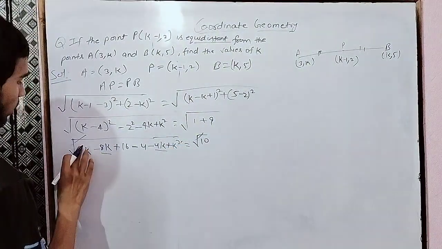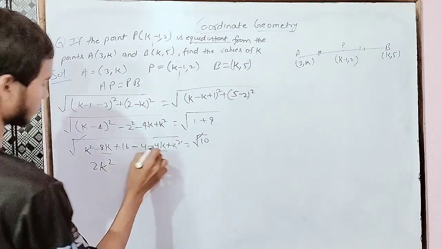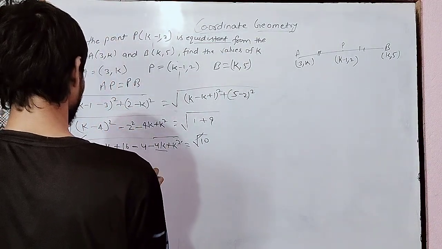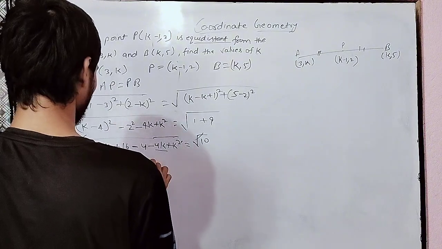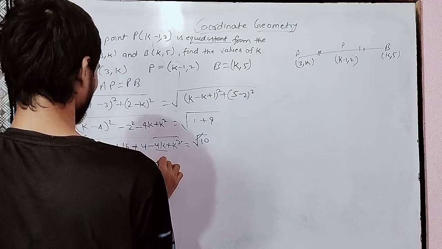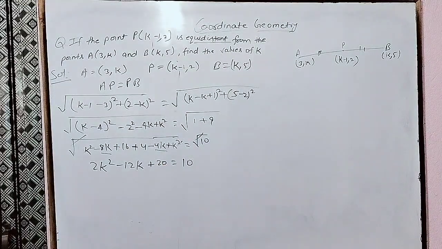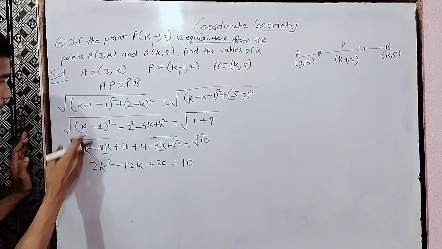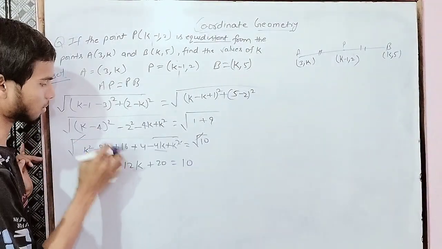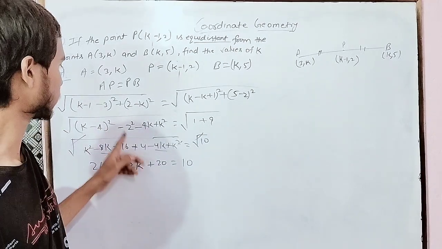This is 2 times. So this will become 2k square and minus 12k plus 20, 10. That is what happened. K square as it minus. So I applied here minus. So 4 to the 8 and 4 for the 16 plus.